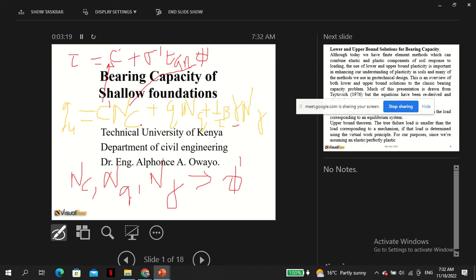So if there is water, then it will affect the values, this effective stress, because like we said that sigma prime equals sigma minus U. So if this value goes down, you can see the shear strength of the soil also goes down.